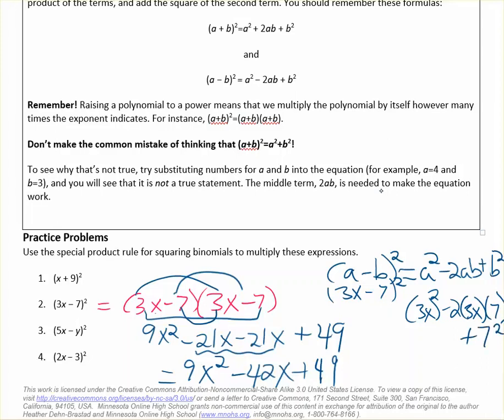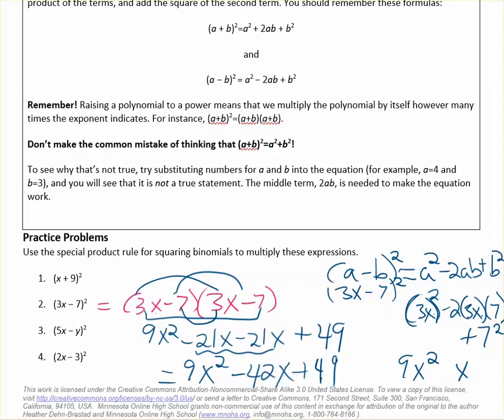So 3x squared is 9x squared, because both of those things have to be squared. So 3 squared is 9, x squared is x squared, minus 2 times 3x is minus 6x, times 7. I missed the 7 there. Let me fix that.